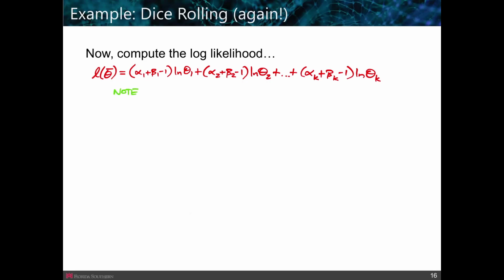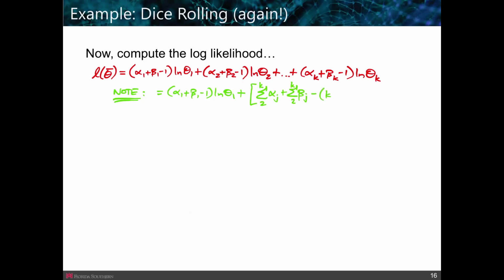Keeping in mind that we could have written this expression as alpha 1 plus beta 1 minus 1 times the log of theta 1, plus the sum of all of the alphas, and let's use j here, plus the sum of all of the beta j's that don't include the ones, so j equals 2 up to k, minus the minus 1 terms.